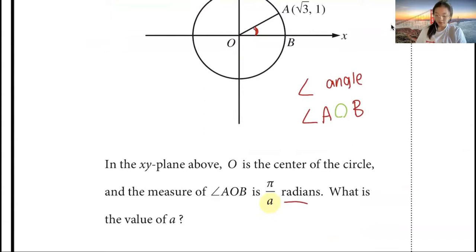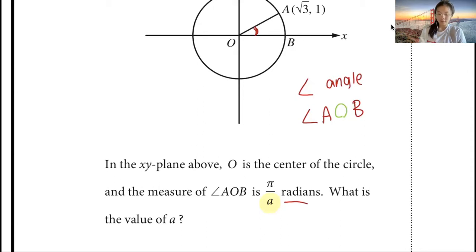So this Pac-Man thing right here means angle, and whatever's in between the two letters on the sides, in this case it's O, that's the angle that the Pac-Man is showing.